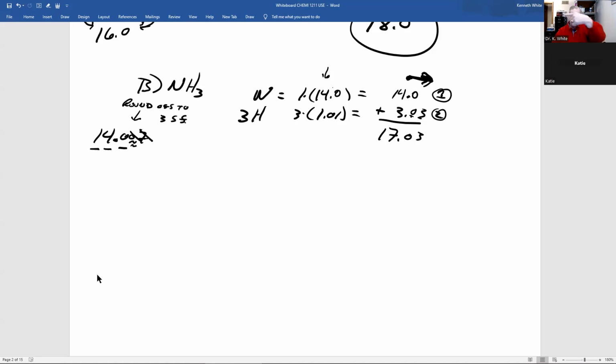So you have to round this off to 1 significant figure to the right of the decimal. Guess what? Your turn. Try it. Round 17.03 off to the correct number for that addition.